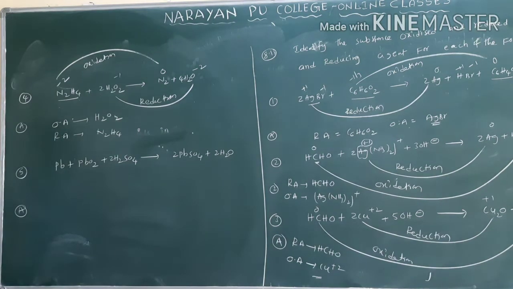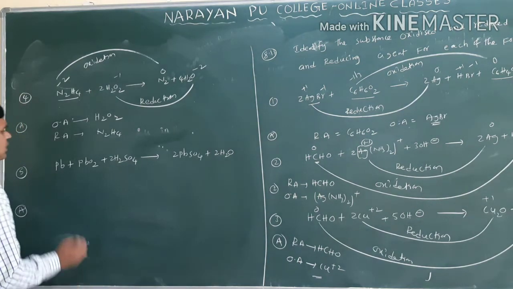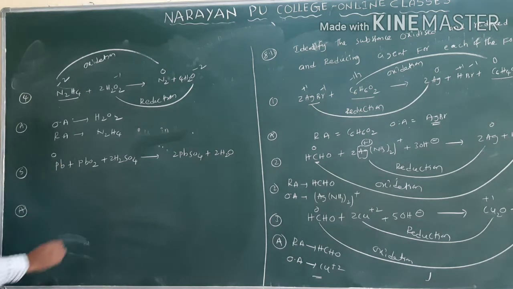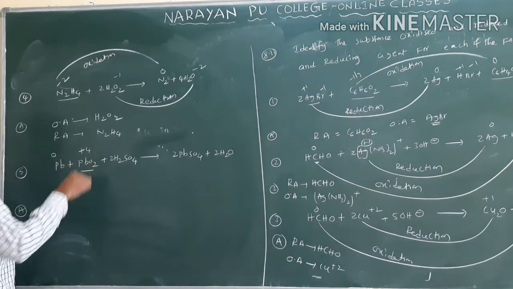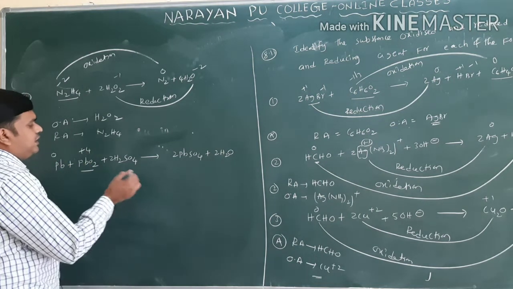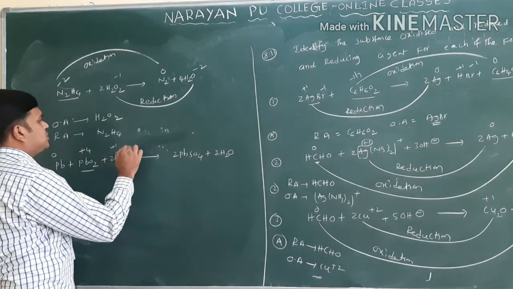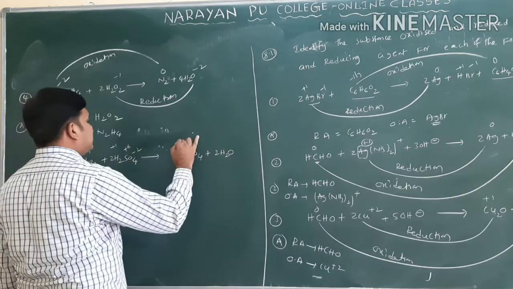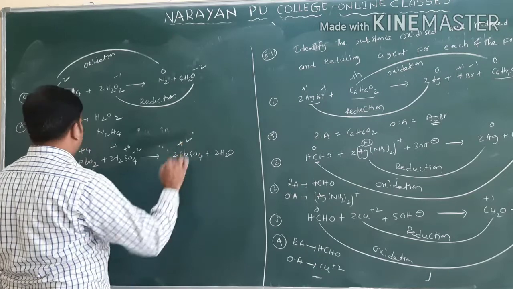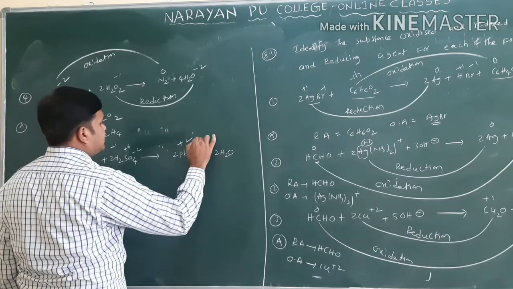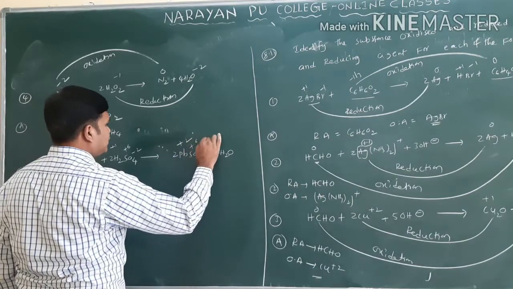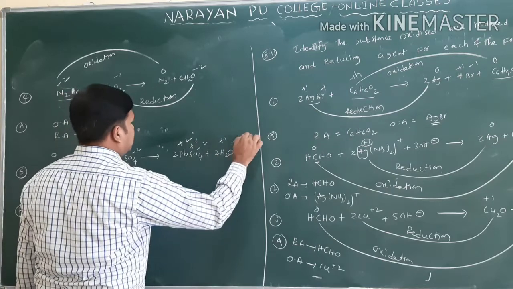Come to the next example, we have Pb plus PbO2 plus 2H2SO4 gives rise to 2PbSO4 plus 2H2O. You will see the oxidation state of lead here. Here lead is 0. Here PbO2 I will write plus 4. Okay, and here H is plus 1, here minus 2, this is plus 6. And you can see the lead is here plus 2, and sulfur is here plus 6, oxygen minus 2, this is plus 1 and minus 2.